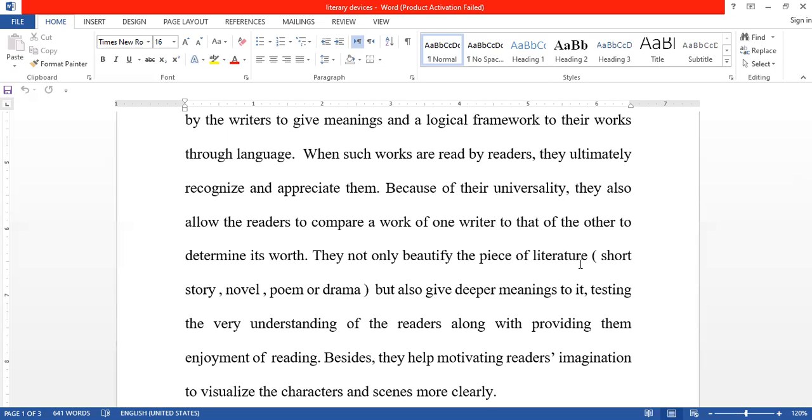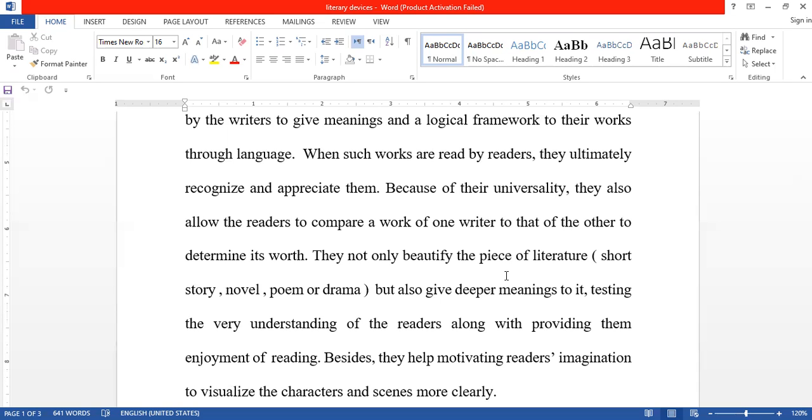Again, the main idea that the writer wants to send to the reader will be easier for all readers to understand. These stylistic devices make it easier for you to understand the whole short story, play, or novel. Is it clear?